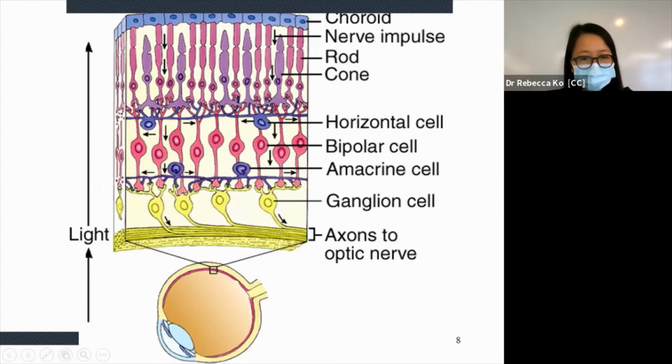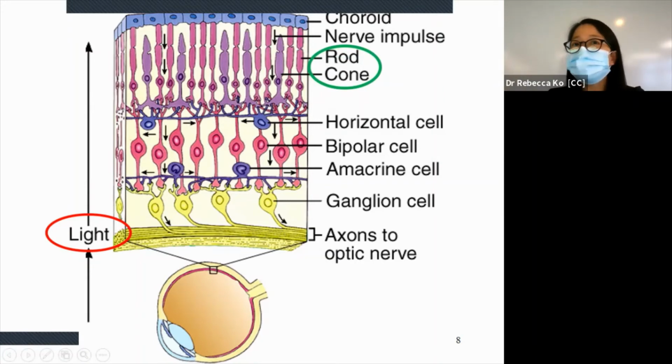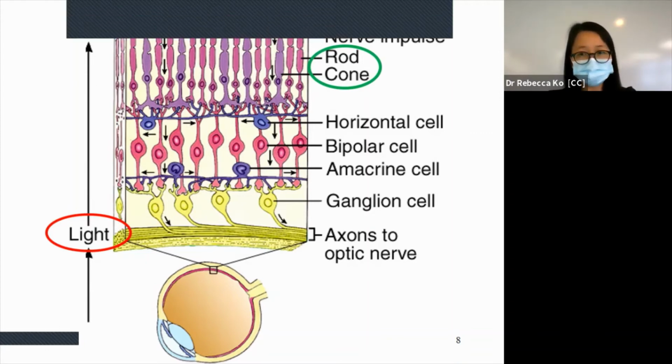Here is the eyeball. I showed you the layer of the retina. Inside the retina we found the rods and cones, and the light passes through, and inside we'll have, what's that? Yeah, we'll have the rhodopsin. That is the molecule I just mentioned.